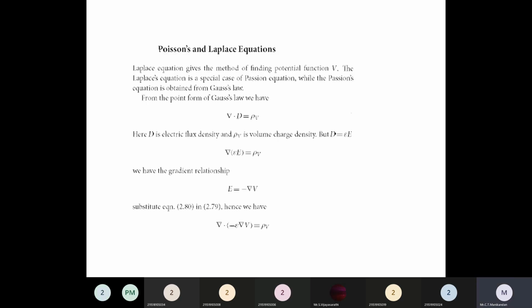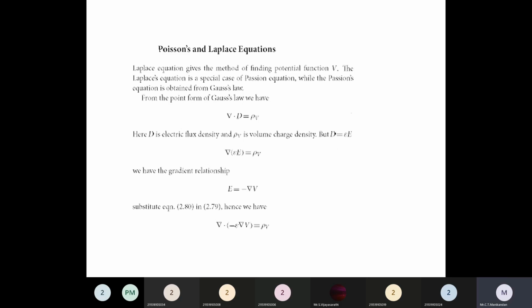Next we have Poisson's and Laplace equations. These are important concepts in electromagnetic fields. As I told you in the last session, del dot D equal to rho v.